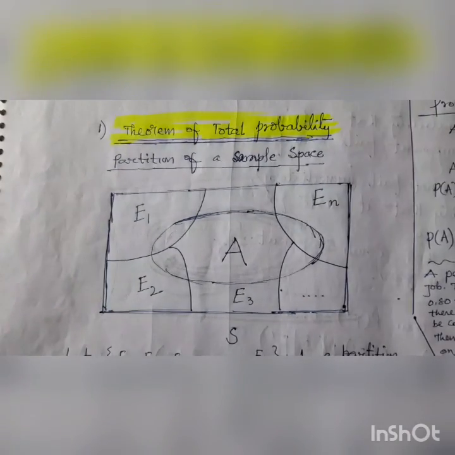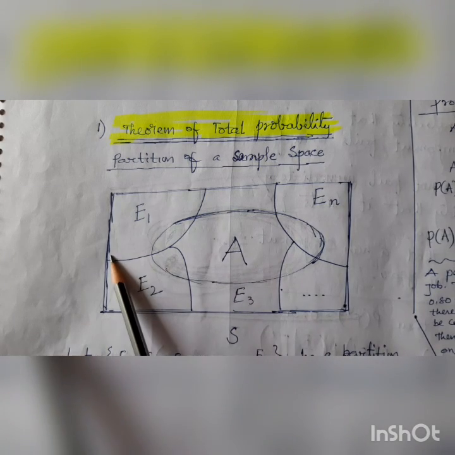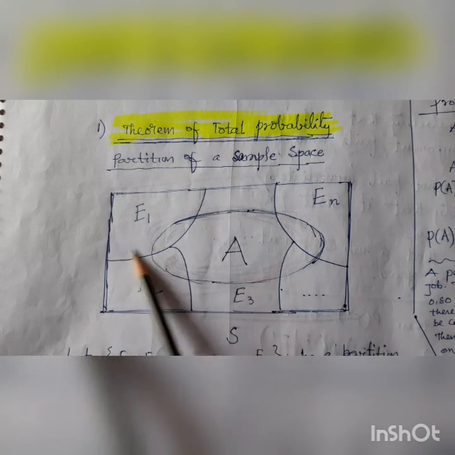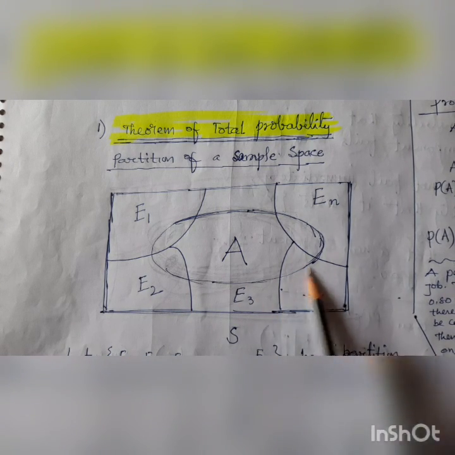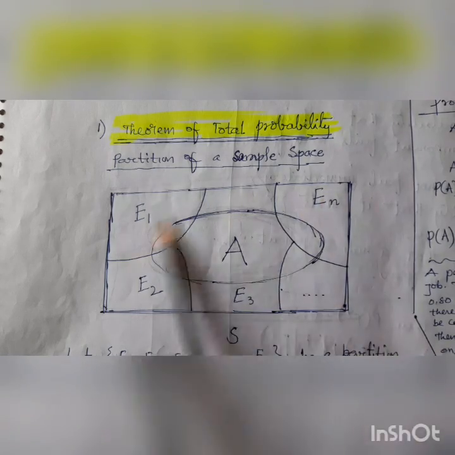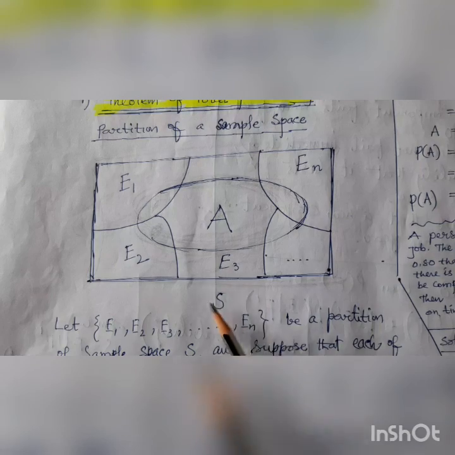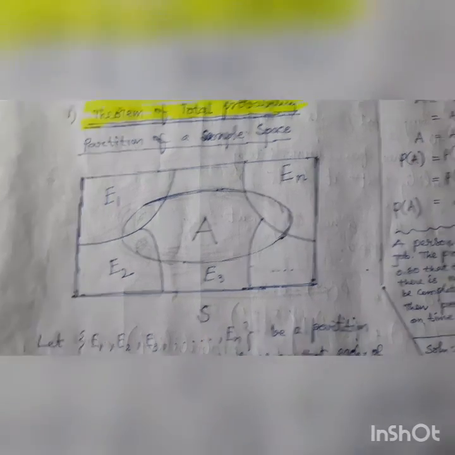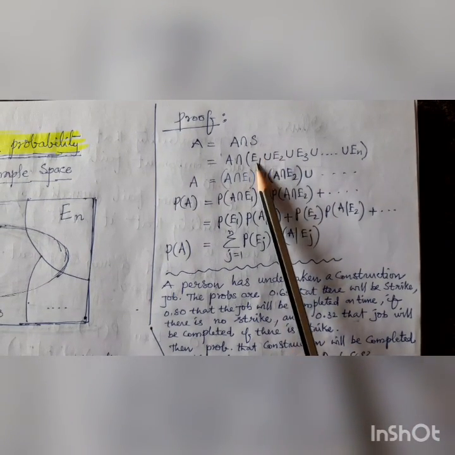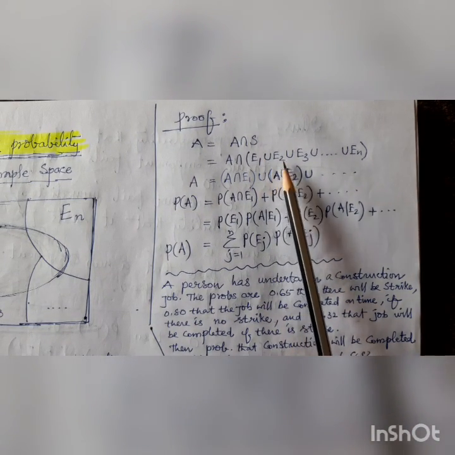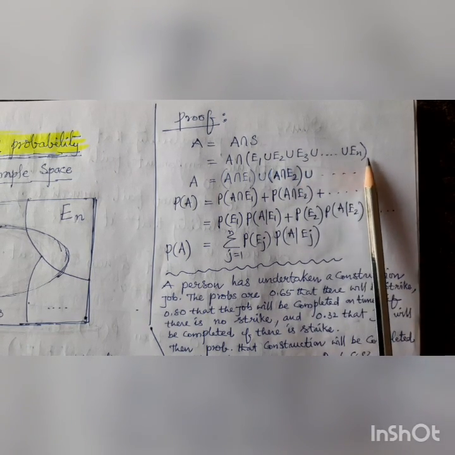Here I told, S has been partitioned, or S has been parted, into E1, E2, E3, E4, E5, E6, En, like that. Total S has been parted like that. So S is E1 union E2 union E3 union so on union En.